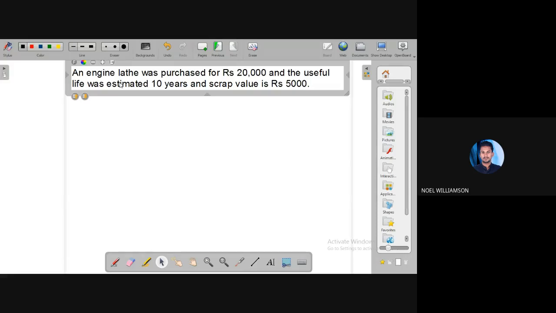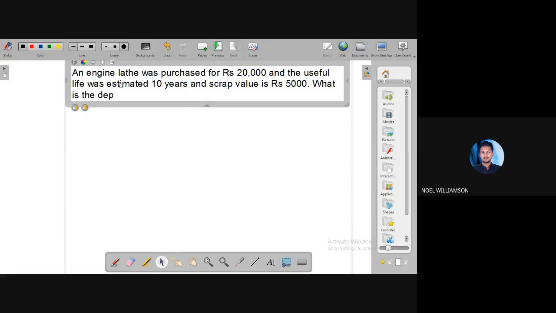What is the depreciation and book value at the end of the second year?